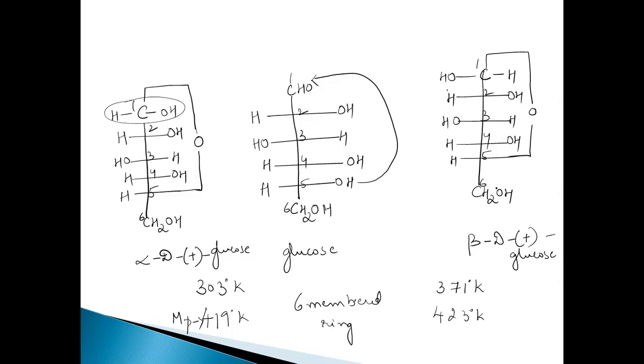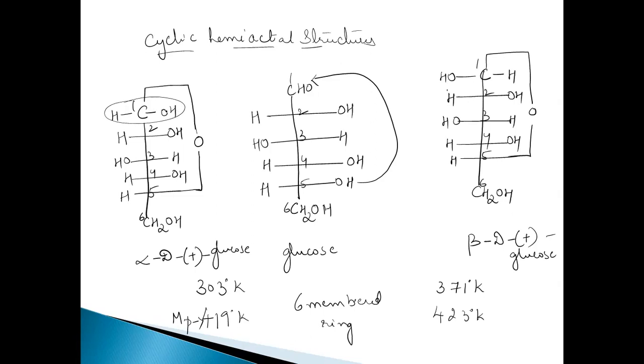This is how you write the structures of alpha glucose and beta glucose, and these are called as what? Cyclic hemiacetal structures. And these are called anomers, that means differing in the configuration at only one carbon, C1, right?